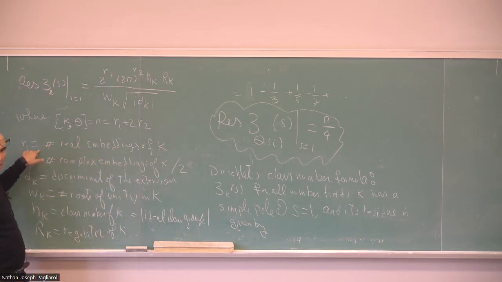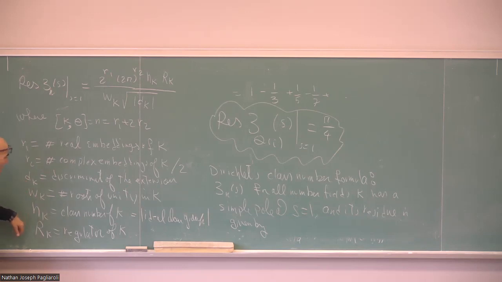It is 0. There are no embeddings into real numbers. And what is r2 for Z[i]? Complex embeddings: there are 2, because I can send i either to i or to minus i, and this would be an embedding again. Yeah? So that's it. d_K, the discriminant, I will define it.